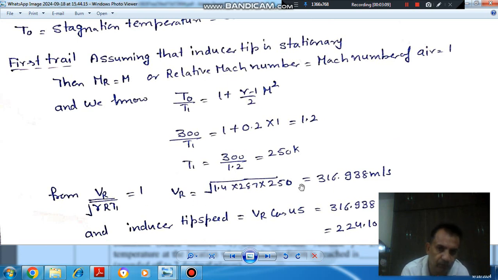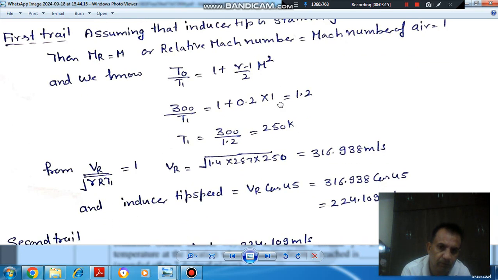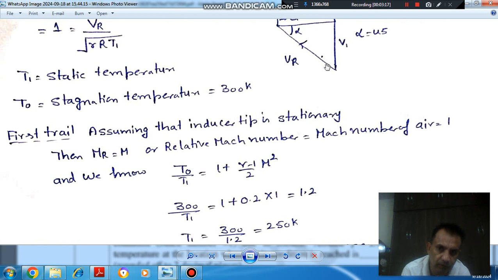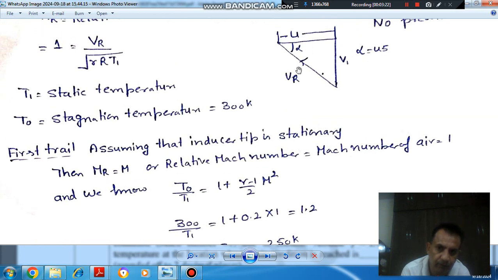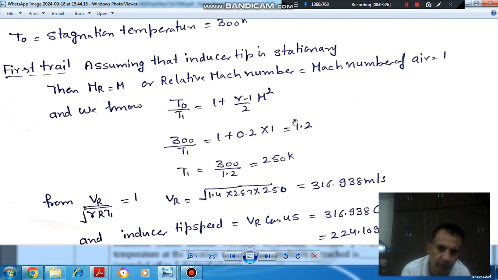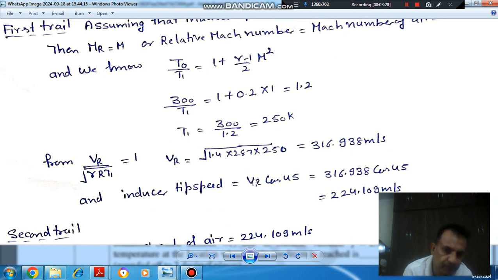Now if we take this angle alpha, then U will be VR cos alpha and V1 will be VR sin alpha. Alpha is 45, so the inducer tip speed now will be 224.109 meters per second. Initially we assumed the inducer tip speed was 0, so these are not equal.